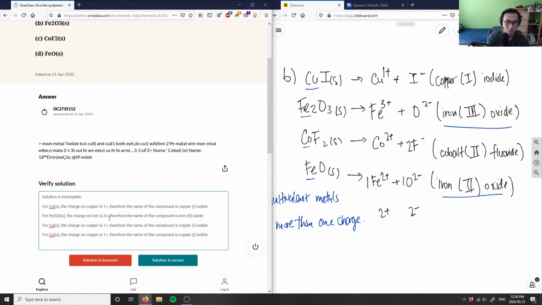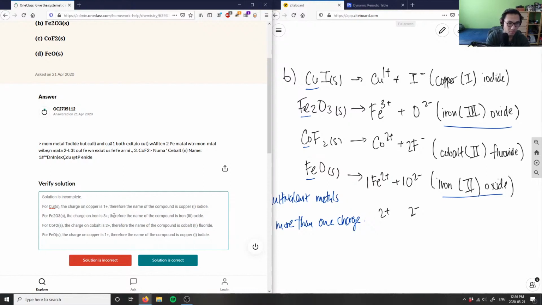And then this is for cobalt fluoride here, or cobalt(II) fluoride. The charge on cobalt is 2 plus. Therefore, the name of the compound is cobalt(II) fluoride. And then finally, for this compound here, it's FeO.